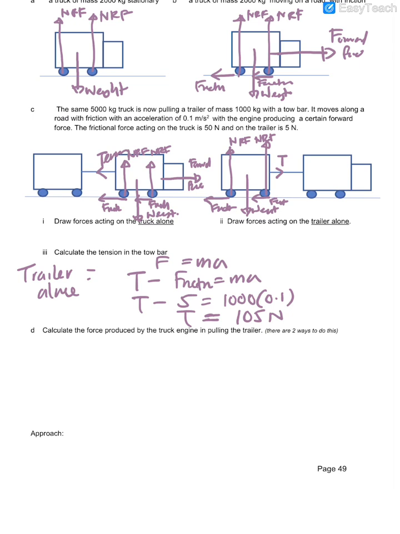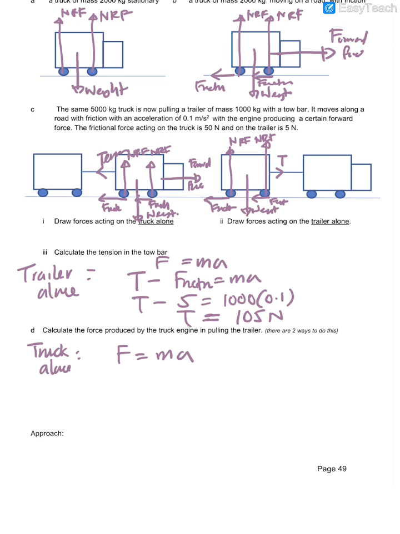Okay, Dylan, start with you. You look at the truck, right? Okay, truck alone. Shahir, copy down the alternative way also, so at least you can do it two ways. I just did it in like 2 lines. Yeah, 2 lines. F equals MA. So very quick, what is it? 50 minus 105 equals 5,000 times 0.1.